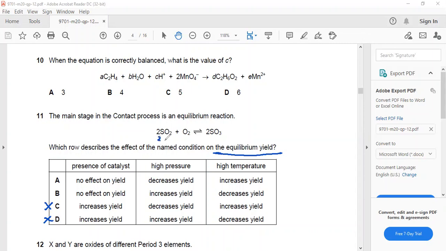You know this is 2 and 1 mole, here it is 2 moles. Increasing the pressure shifts the equilibrium towards fewer moles. The product side has 2 moles, so high pressure increases the yield. So B is the answer. We don't even need to see the temperature because that's the answer.